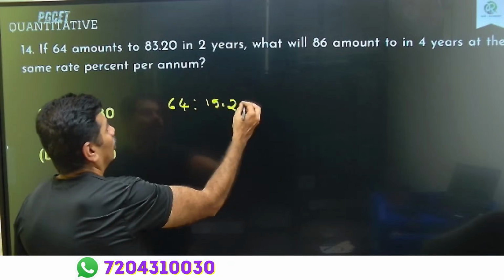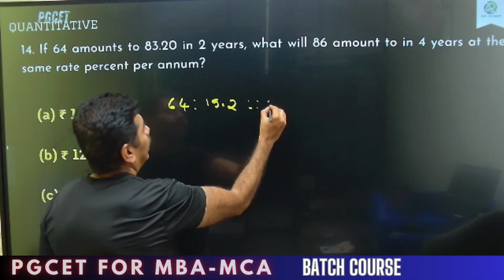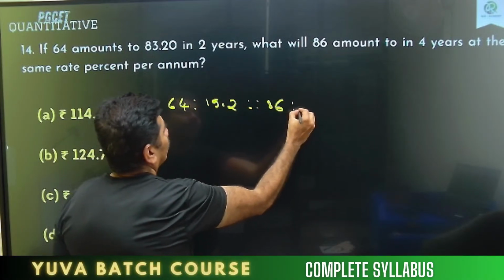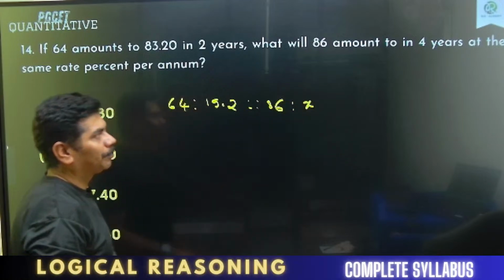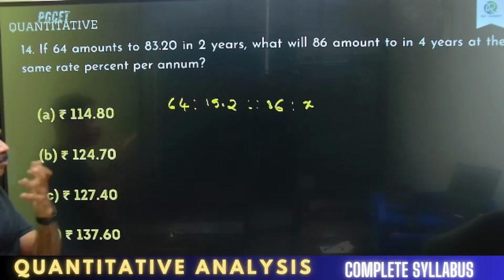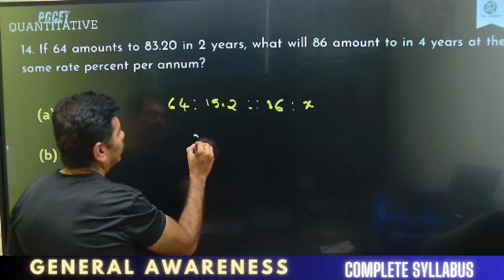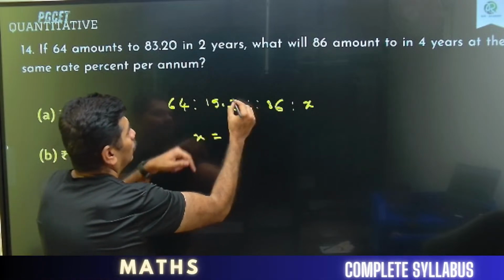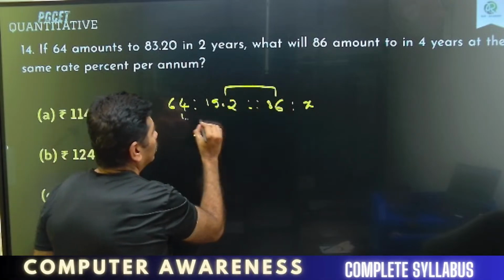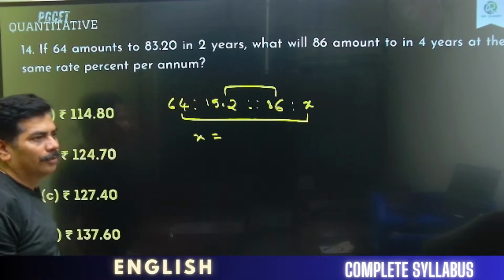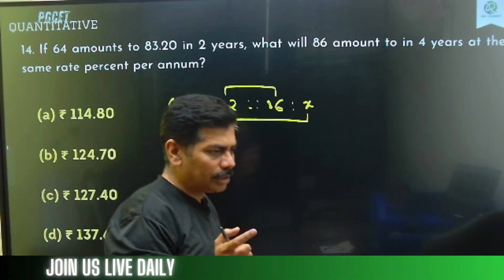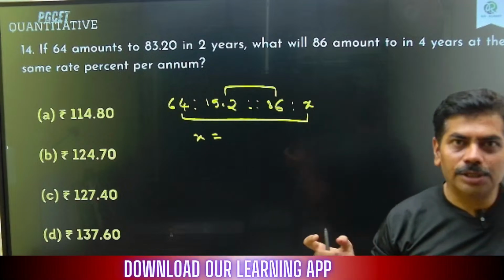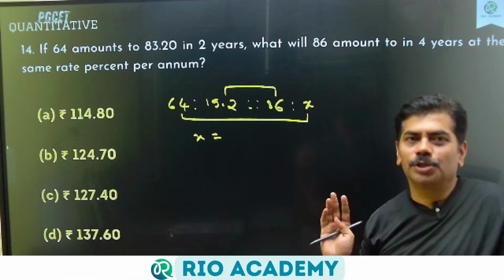So for 86, how much will it be? Simply x equals, you know, product of means equals product of extremes. I am telling you one trick here. You will understand it if you know ratios and proportions.